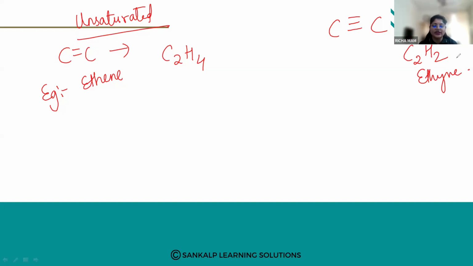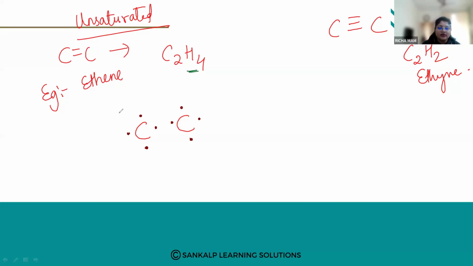We are writing the electron dot structure. So when we have ethene, carbon, another carbon, write the electrons. This carbon will have 4, 1, 2, 3, 4. This carbon will have 1, 2, 3, and 4. Now how many hydrogens are there? 4 hydrogens.